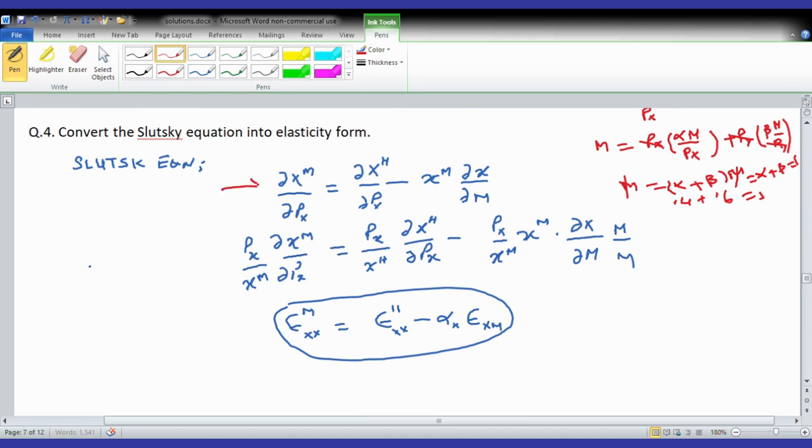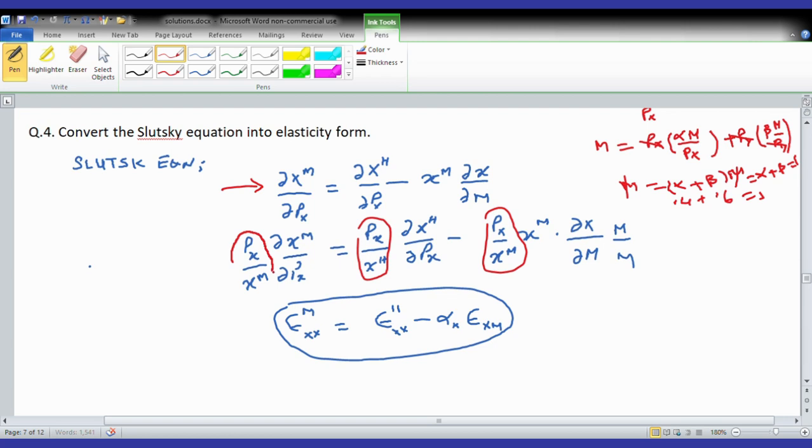So see that this is the Slutsky equation. What I have done is that I have multiplied this Slutsky equation by px over xm. Px over xm and xh are equal at optimum, so I could put xm or xh, and I have preferred to put xh. So I multiplied this entire Slutsky equation by px over xh and px over xm.